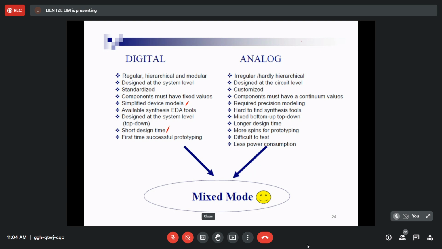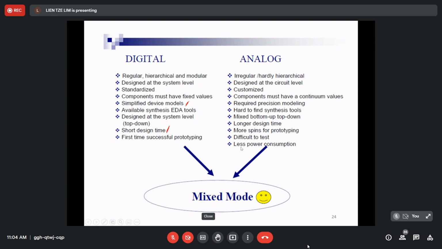For analog IC, it is irregular, hardly hierarchical, and it is designed at the circuit level, customized. Components must have continuum values, require precision modeling, hard to find synthesis tools, mix bottom up and top down, longer design time, more spent on prototyping, difficult to test.